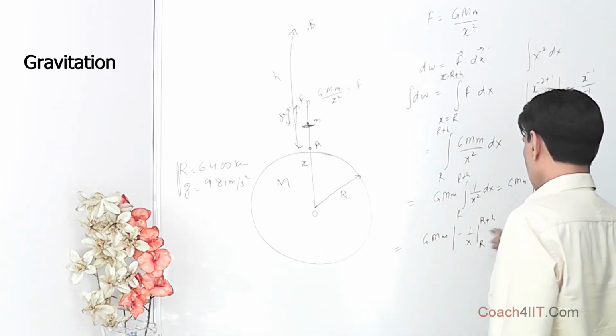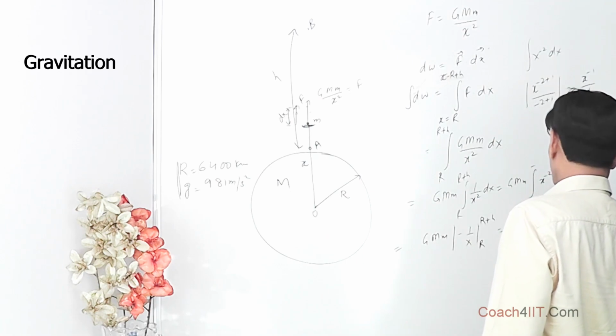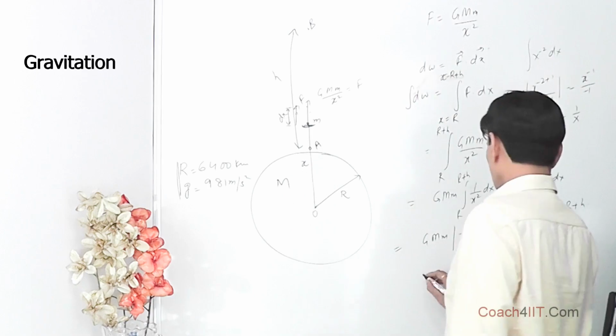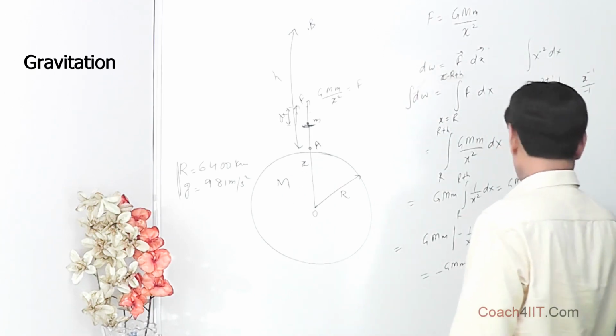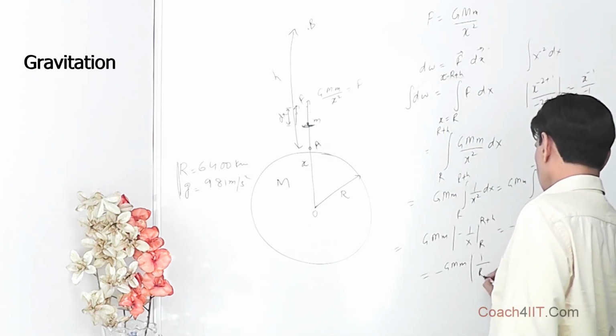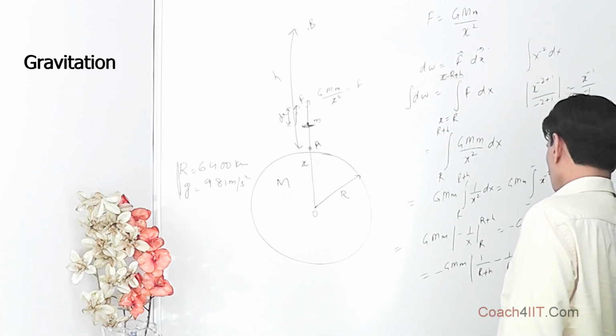We take the minus out of the brackets, so it is minus GMm times 1 upon x from r to r plus h. First we put the upper limit, minus, instead of x we put the lower limit, that is 1 by r.